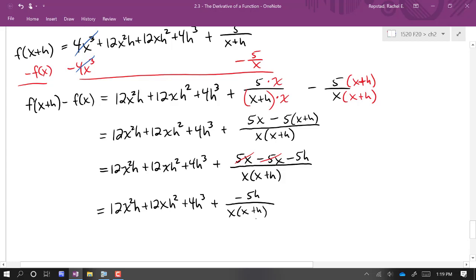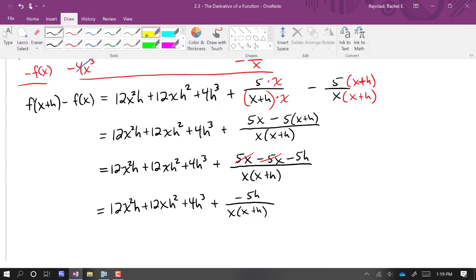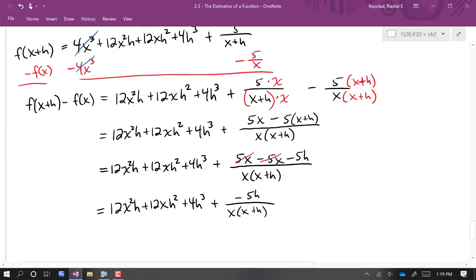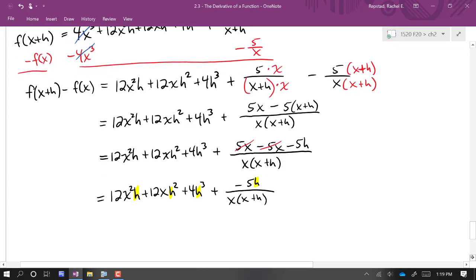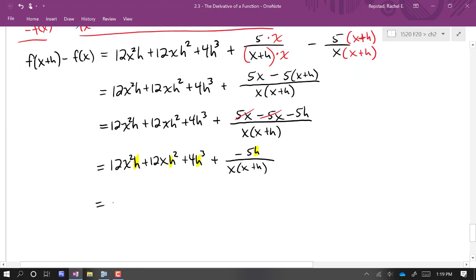Now, we're ready to set up this limit. I just want to point out, though, first, and it might be helpful to actually write it out, take one more step before we set up the limit. Every single term now has a factor of h. So I think it'll actually help if we factor that out now before we set up that limit.